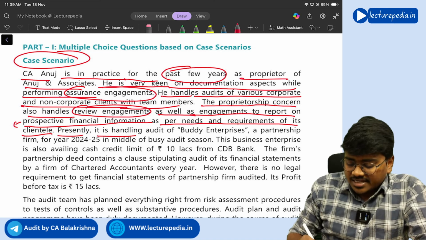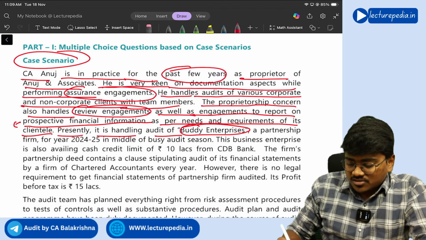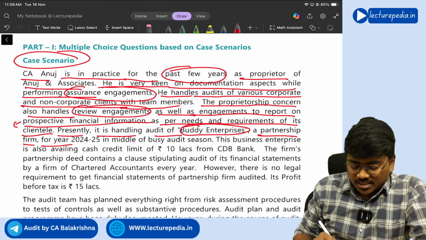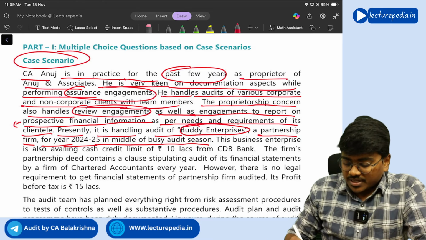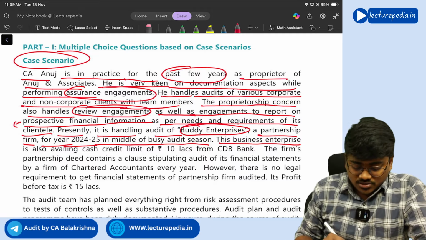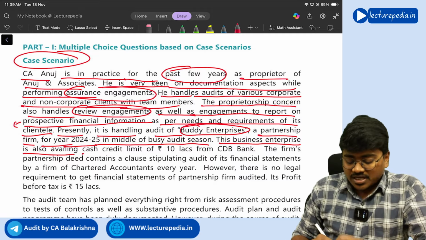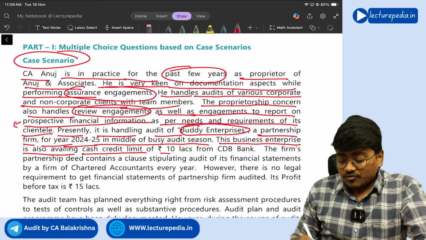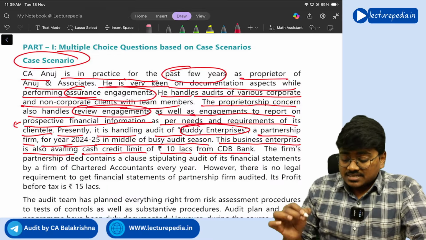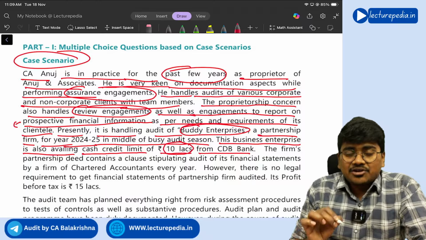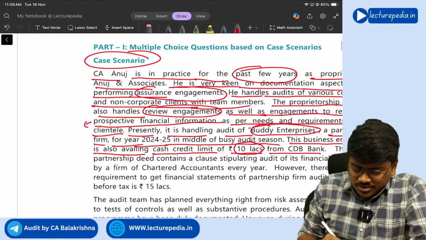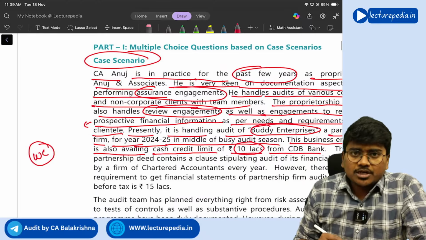Presently, it is handling audit of Buddy Enterprises, a partnership firm, for the year 24-25 in the middle of busy audit season. This business enterprise is also availing a cash credit limit of 10 lakhs from CDB Bank. So they have taken a 10 lakhs cash credit limit. Cash credit limit means working capital loan they have taken.